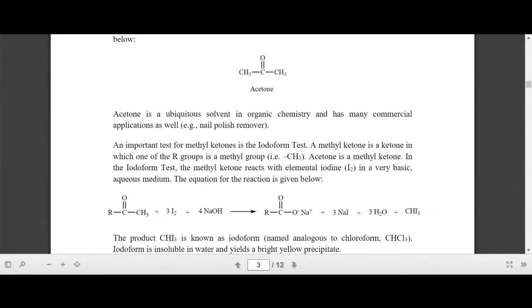How do we know a compound is a methyl ketone? You take an unknown, a clear, colorless solution, so it looks like water. How do you know that it is a methyl ketone, or an aldehyde, or water? One indication for a methyl ketone is that if you mix it with the iodine solution, it is going to give you a yellow precipitate.